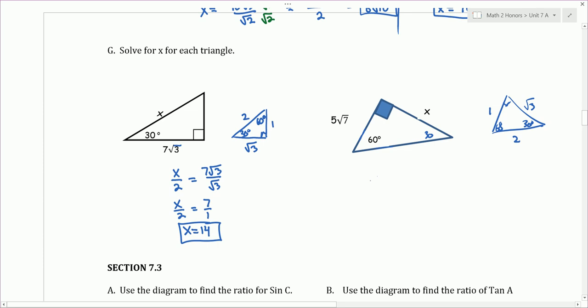So here, I'll say x over root 3 is equal to 5 root 7 over 1. And so when we cross multiply, we end up with x is equal to 5 root 7 times the square root of 3, which is 5 square root of 21.